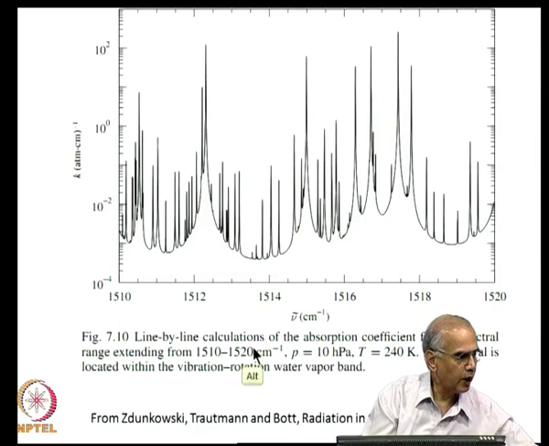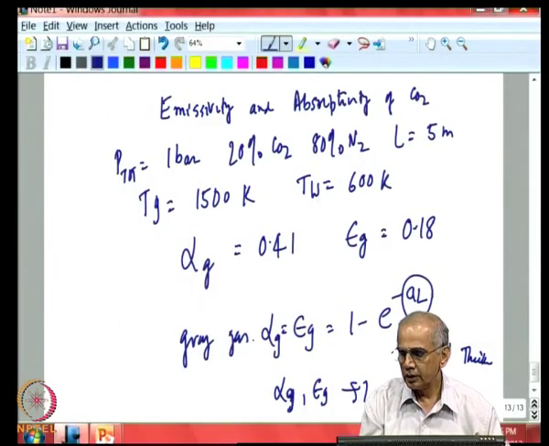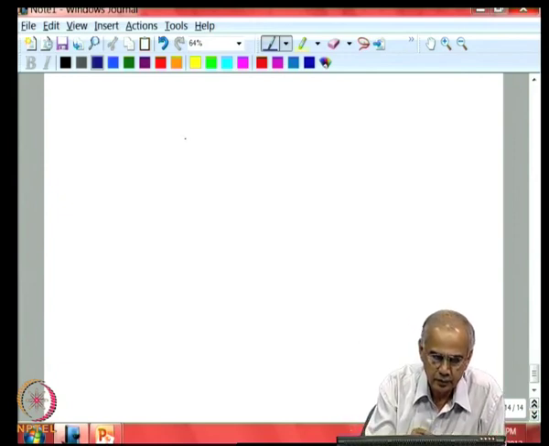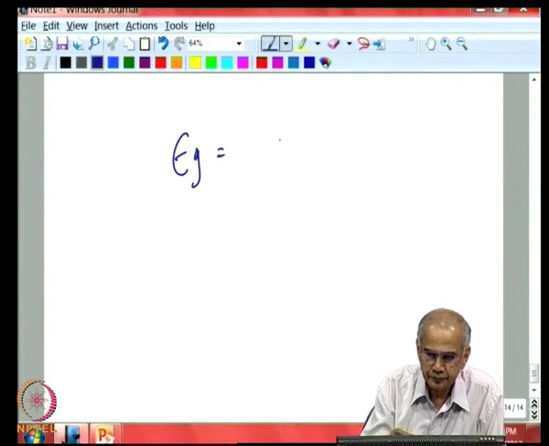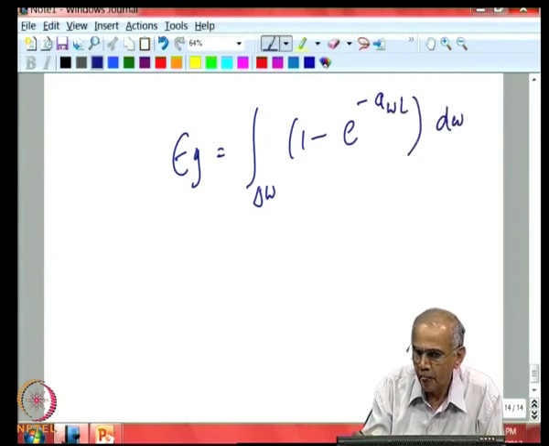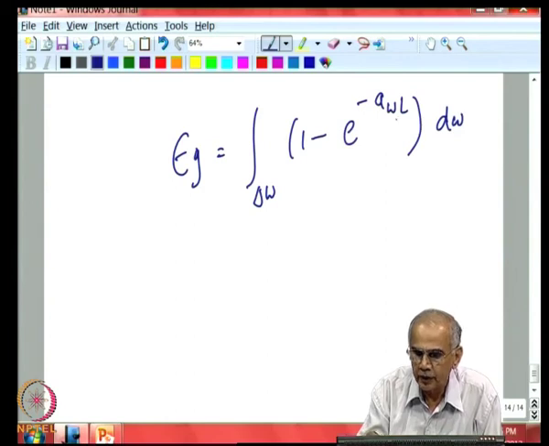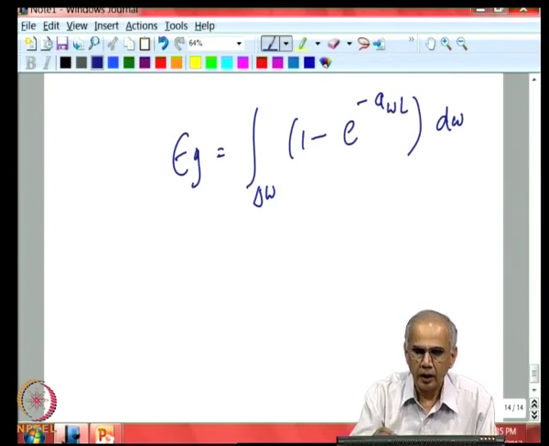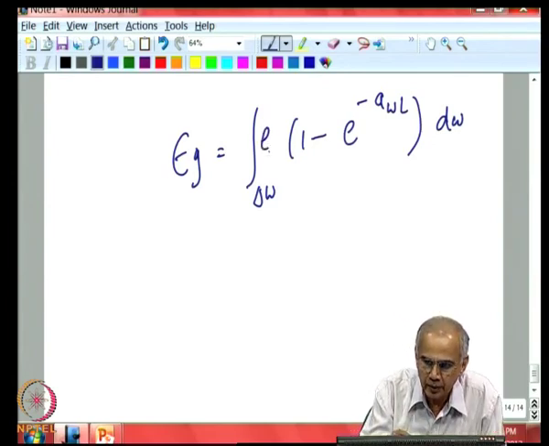If you want to understand why, let us now go back and illustrate this with our example. We saw that epsilon g is the integral over the frequency of 1 minus e to the power of minus a omega L, d omega. And this a omega is fluctuating by factors of 100,000, and remember it is multiplied by E b omega at the gas temperature.